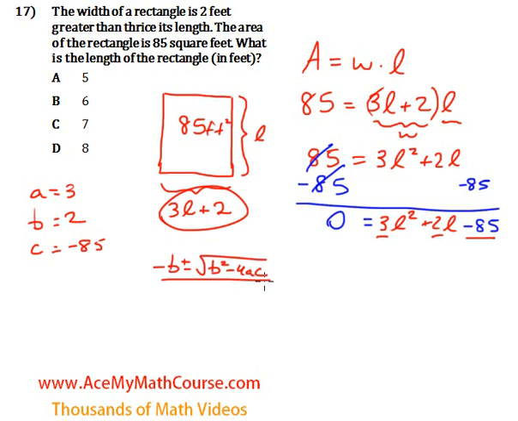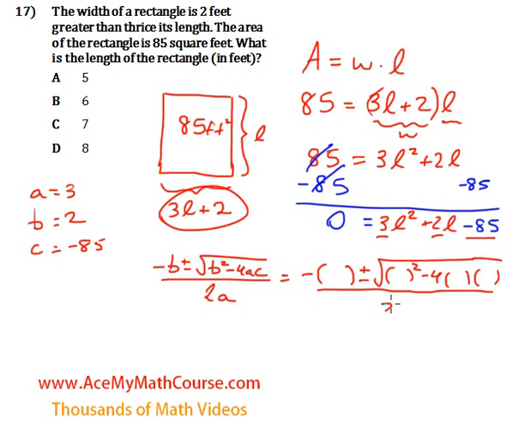And that way we can find the length of the rectangle. So negative b plus or minus the square root of b squared minus 4ac all over 2a.